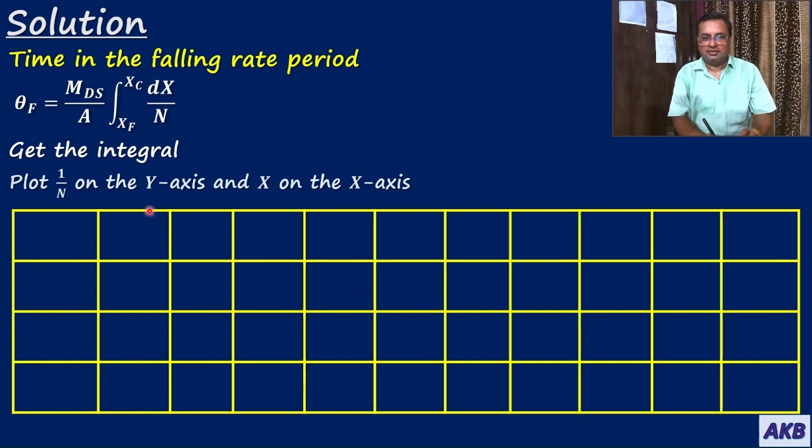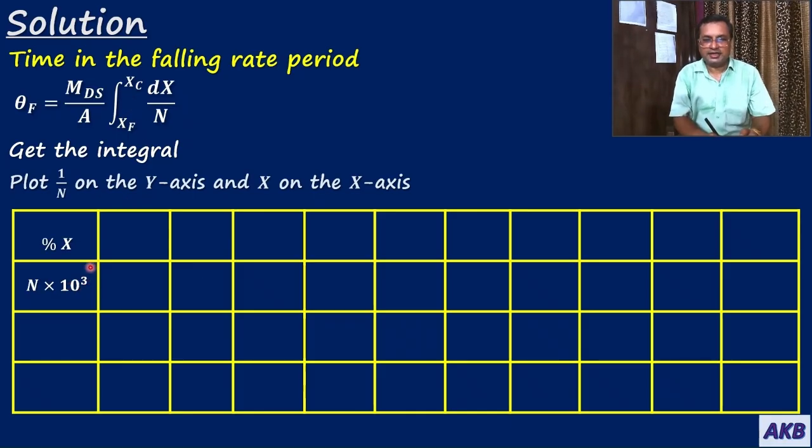For the curve that we get, we have to find the area under that curve between the limits xf and xc, and that area under the curve is nothing but the value of this integral.